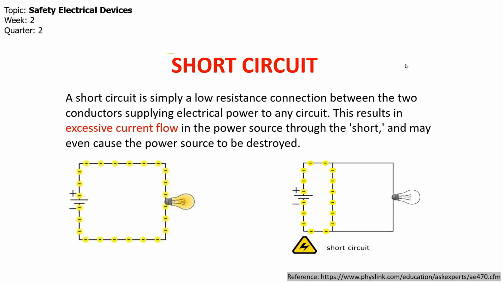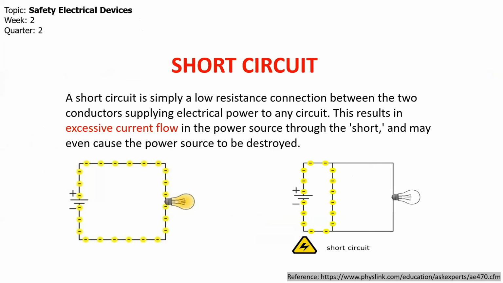A short circuit is simply a low resistance connection between the two conductors supplying electrical power to any circuit. This results in excessive current flow in the power source through the short and may even cause the power source to be destroyed. It is a classic accident that occurs mostly in news about fire.